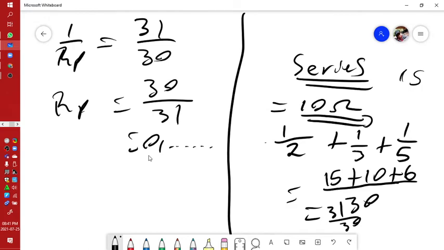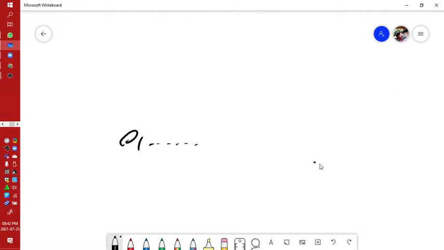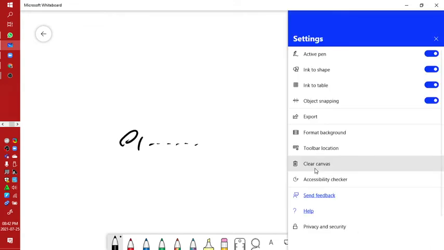Okay. So now number C. Let's do number C. Are they parallel? Okay, let me draw the circuit first.